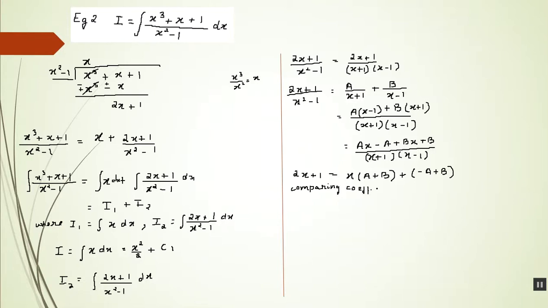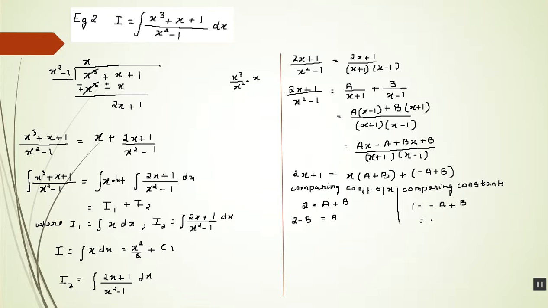Now comparing the coefficient of x on both sides, I'll get 2 is equal to a plus b. Therefore a is equal to 2 minus b. Now comparing the constants, I'll get 1 is equal to minus a plus b.